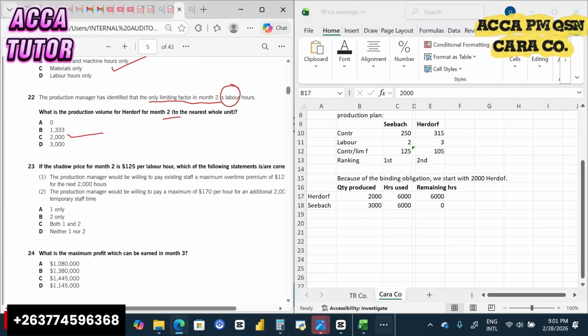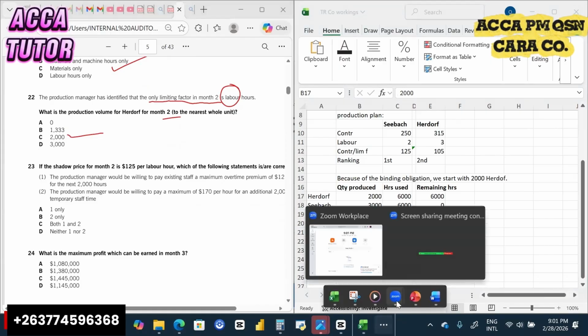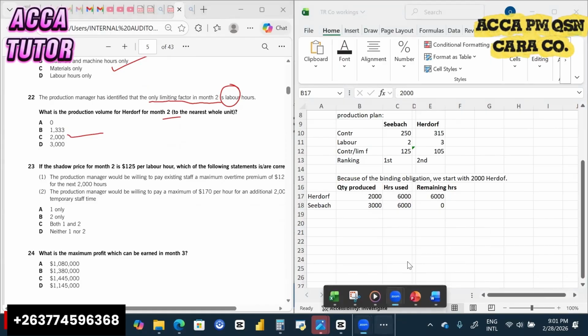But did we have to work it out since we were told already that it was a contract?